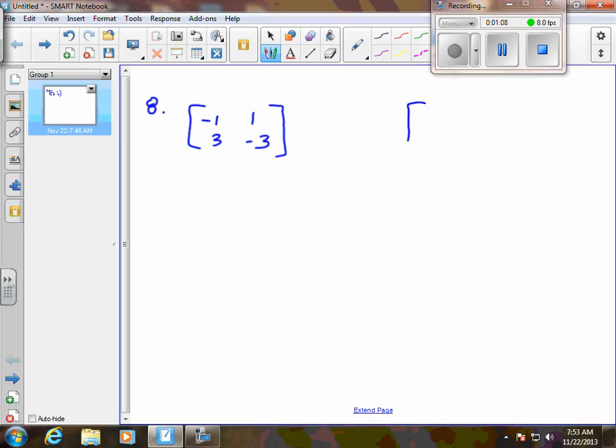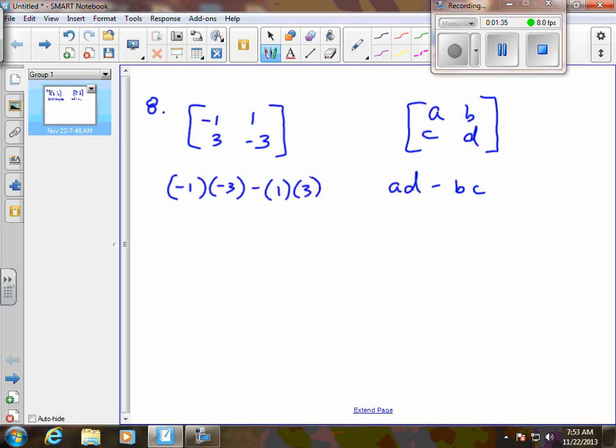If the matrix is A, B, C, D, you find A times D minus B times C. I said cross product. I don't know why I said that. I meant the difference of the products of the diagonals. So -1 times -3, subtract 1 times 3. If that is a result of 0, then the matrix has no inverse. So that's what you had to do for number 8.